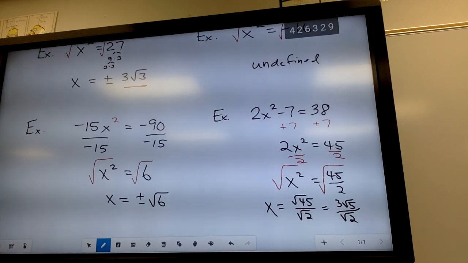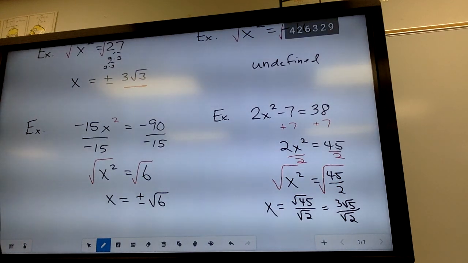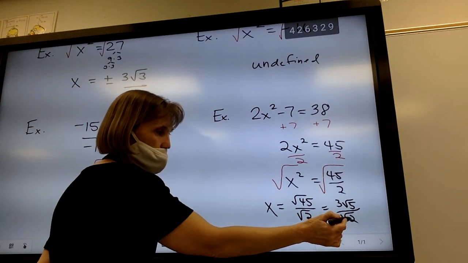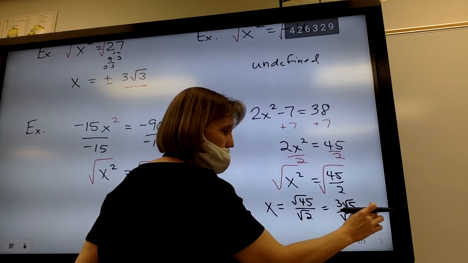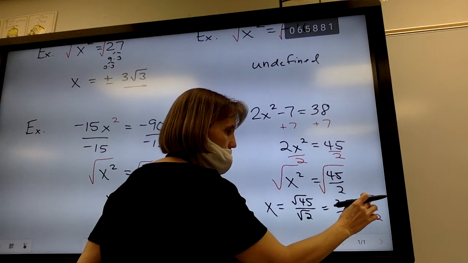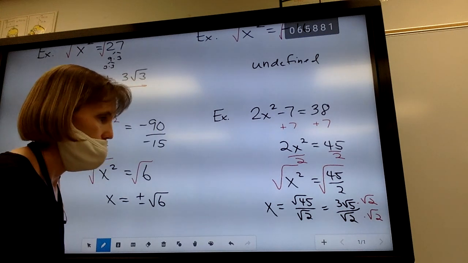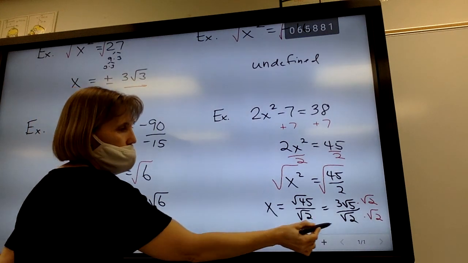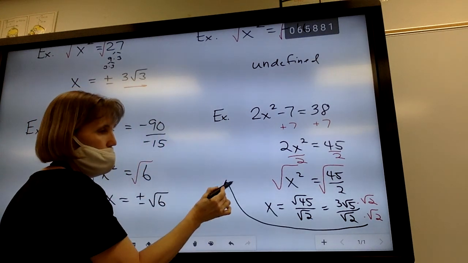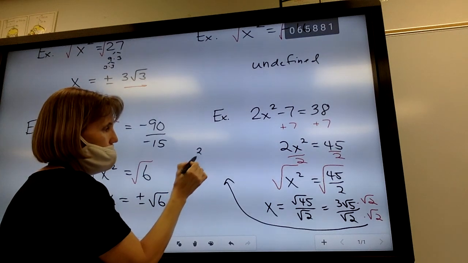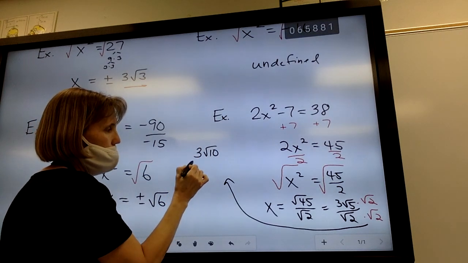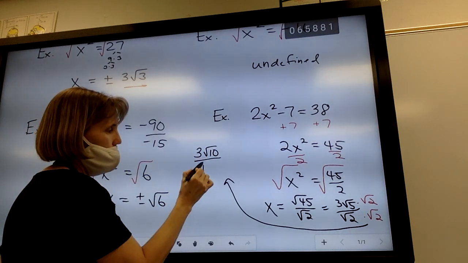Can I leave my answer like that? No, you can't leave a radical in the bottom of a fraction. So you're going to multiply it by the square root of 2. I'm running out of space here, so I'm going to bring this up here. I would have 3 times the square root of 10 over the square root of 4.